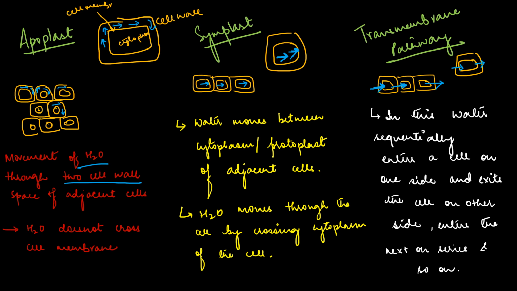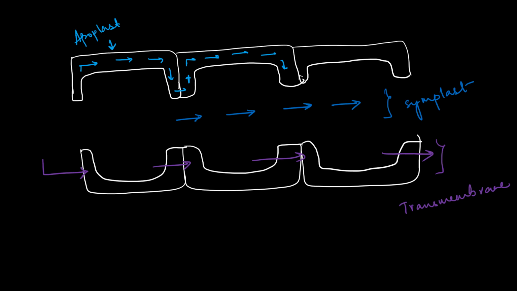This is what we call transmembrane pathway. Clear? So if I define apoplast, symplast, see, this is what we call cell wall, right? So in apoplastic pathway, water is moving through the cell wall. See, this is what we call apoplastic pathway. Clear? And here water is entering inside the cell.